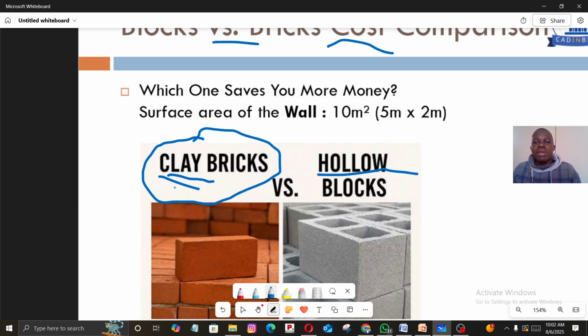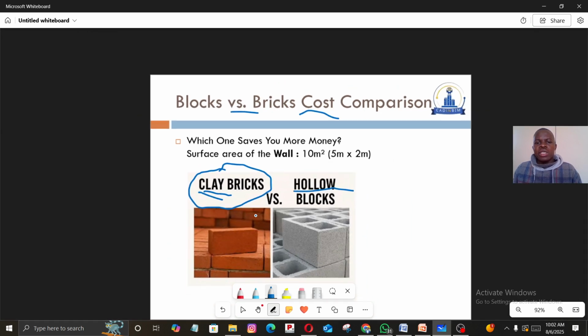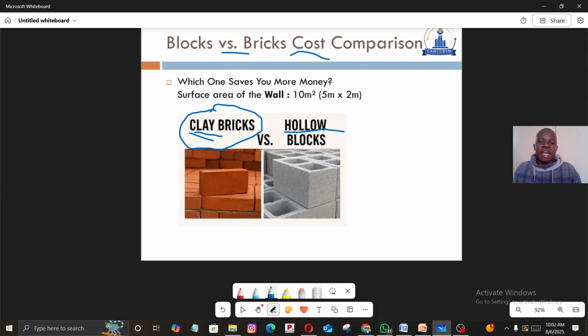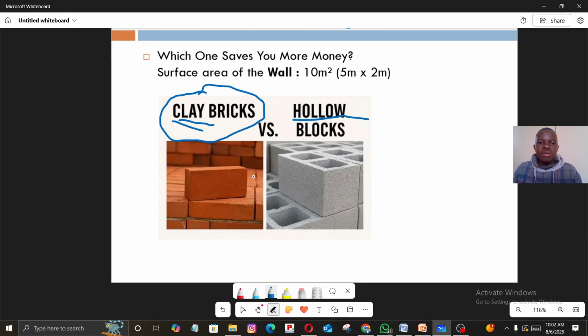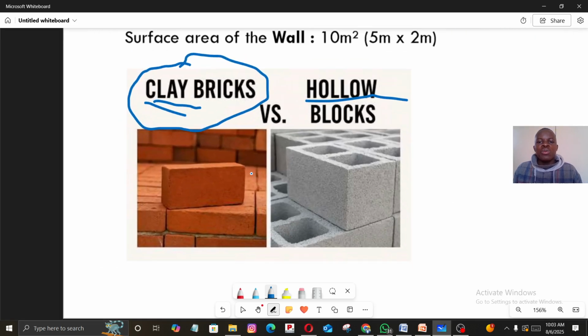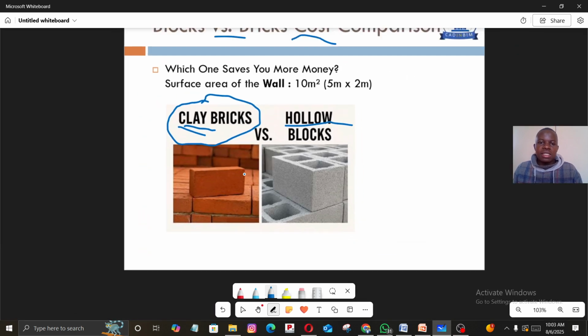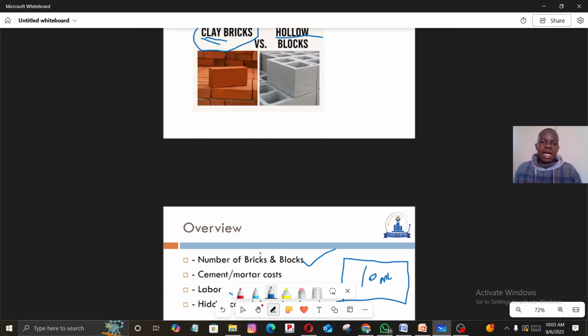He is looking at aesthetics, or cost, or also the structural soundness of the building. So you need to have solid engineering reasons to advise him on which blocks to adopt in a particular project. This topic is all about that, and just an overview of it.